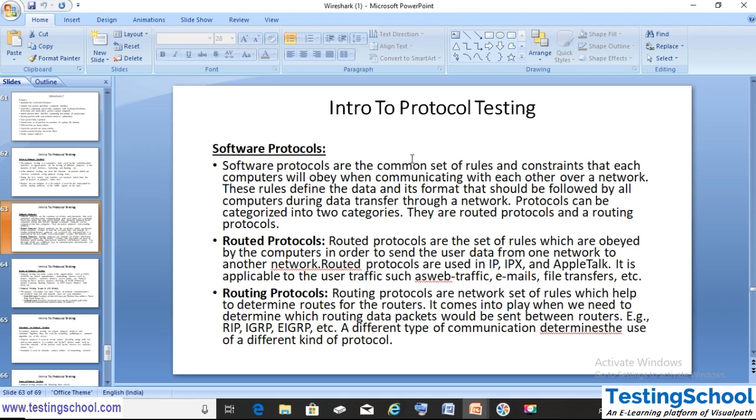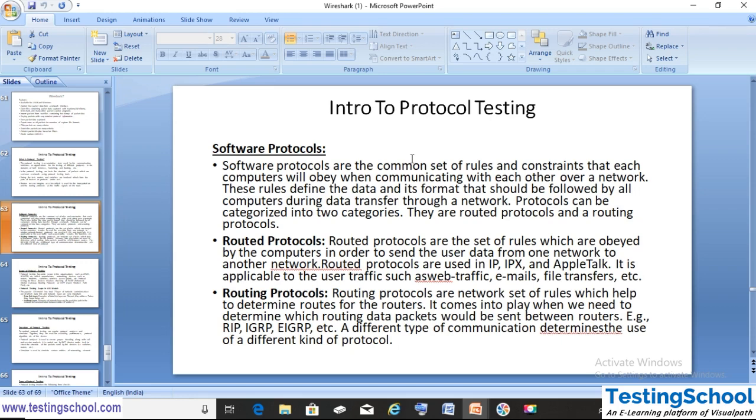What is a routed protocol? Routed protocols are a set of rules obeyed by the computer in order to send user data from one network to another network. If you want to send from one network to another network, we have to follow a rule.